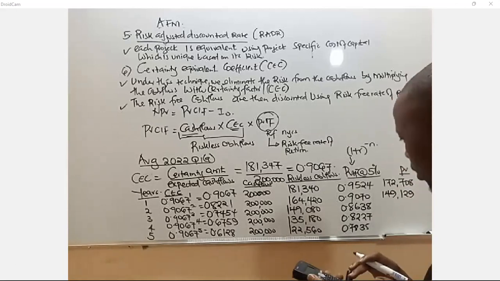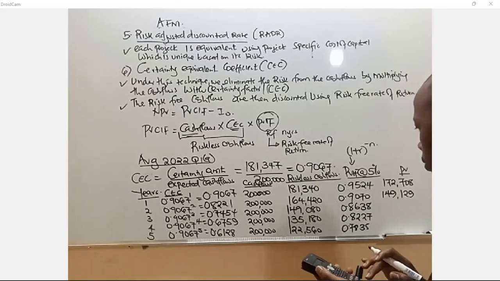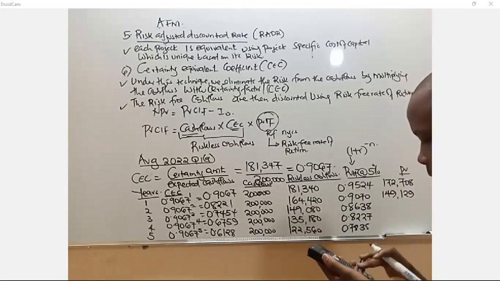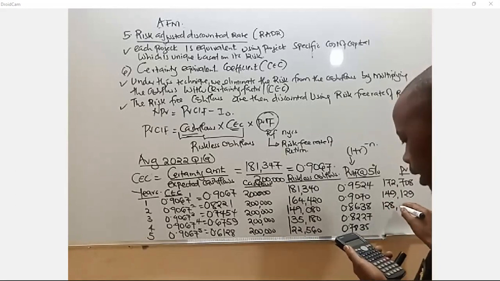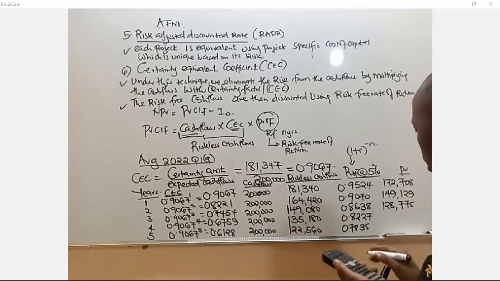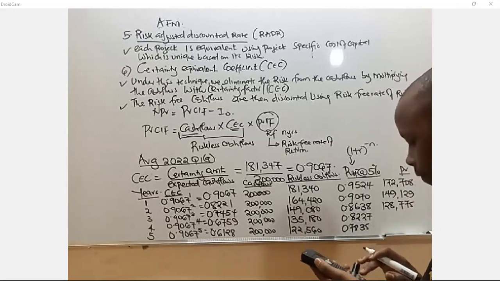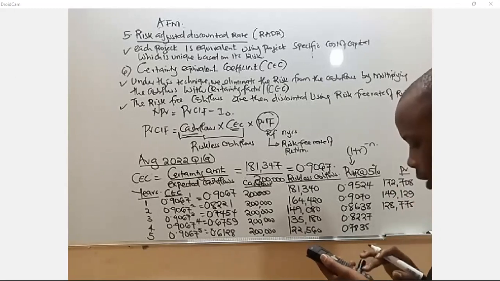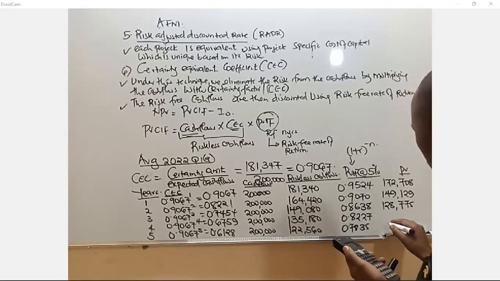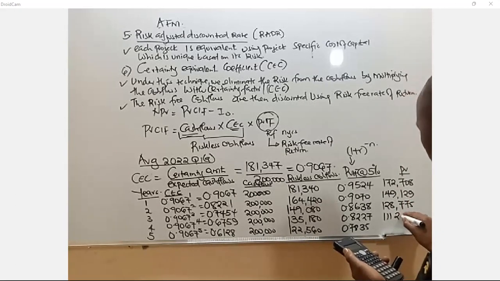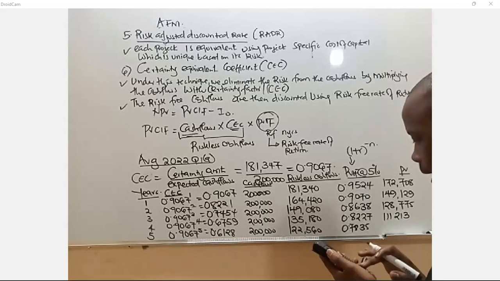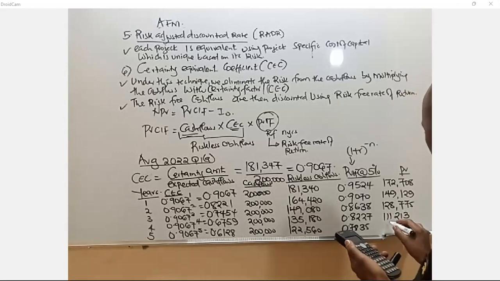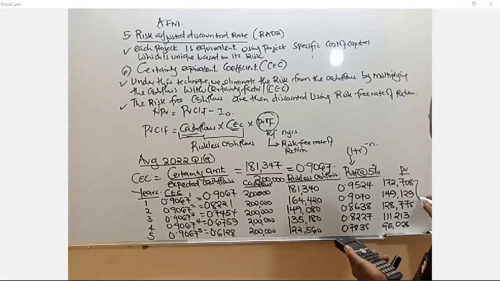The other one, 149,080 multiplied by 0.8638, you're getting around 128,775. Then the second last will be 135,180 times 0.8227, getting 111,213. The last one now, 122,560 times 0.7835, getting 96,028.